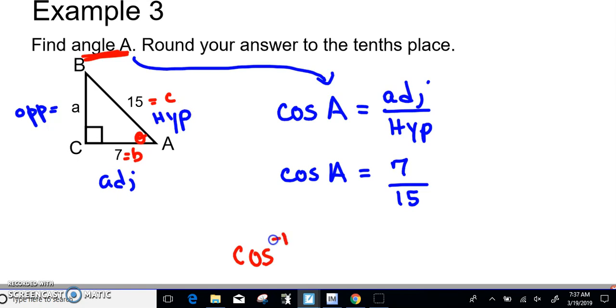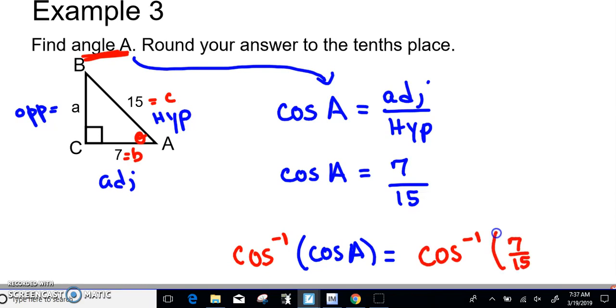And you're probably wondering why we have to do all that. One thing, if you haven't learned it already, is that an inverse function and the original function cancel each other out. So when we do our inverse here, we get to cancel out the cosines.